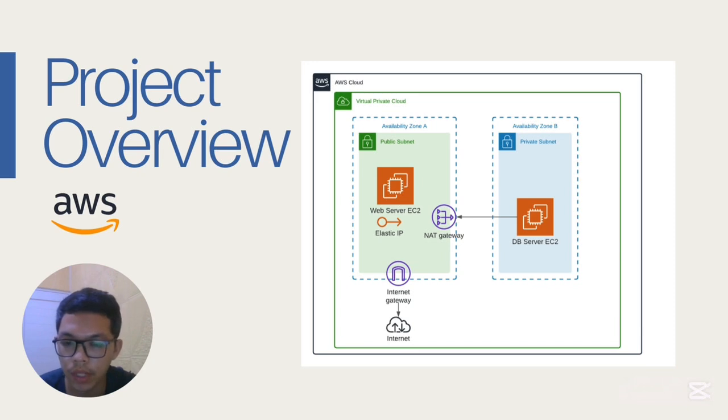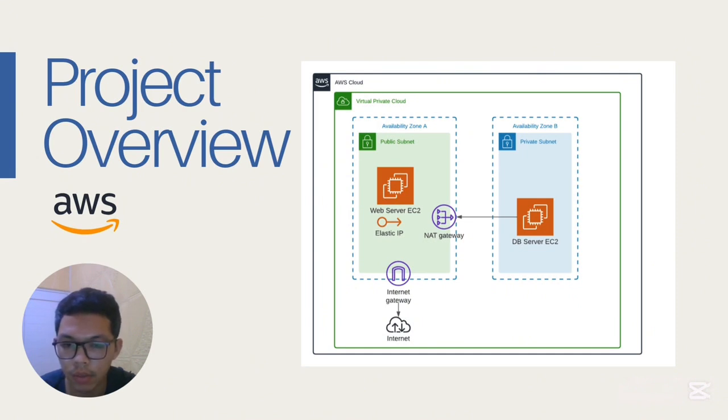So this architecture is ideal for hosting apps when you need internet access for backend services, but you also want to isolate from the direct exposure. So you don't want to directly connect your private subnet with the outside organization, so you will need this type of design. Okay, so that's our project overview.